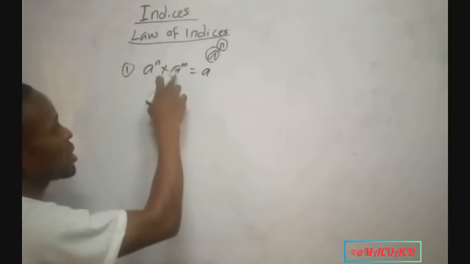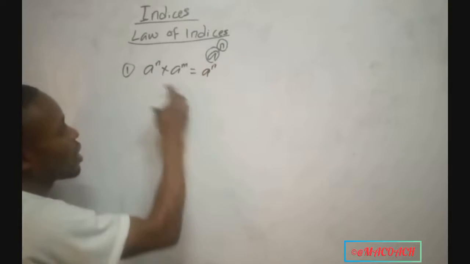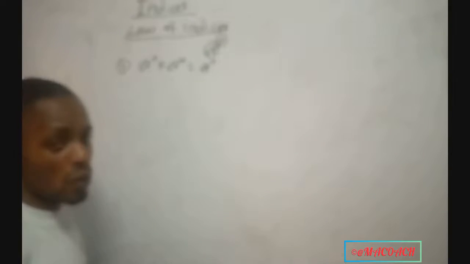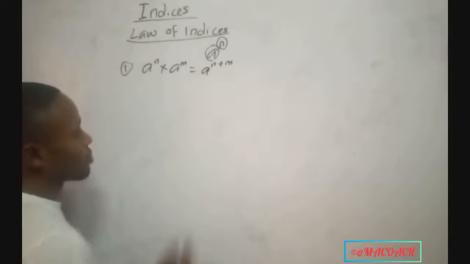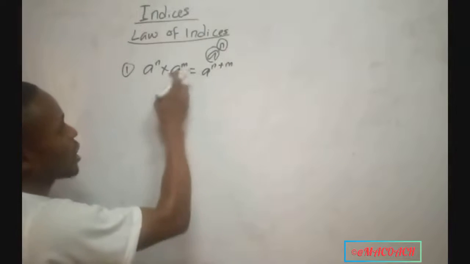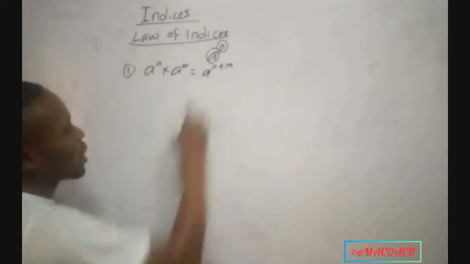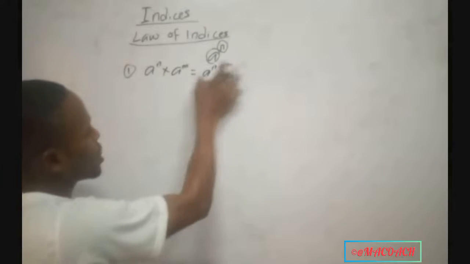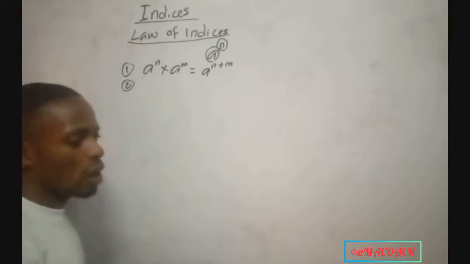The base is a, and the first index here is n. The multiplication changes to plus, so we have a plus, and the second index is n. So when you see an expression like this, it is equal to this, and whenever you see an expression like this, it interprets in this form.